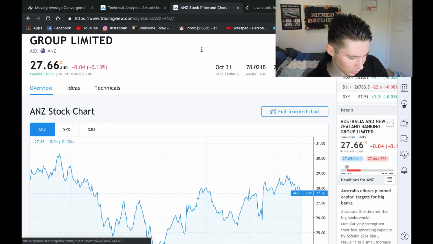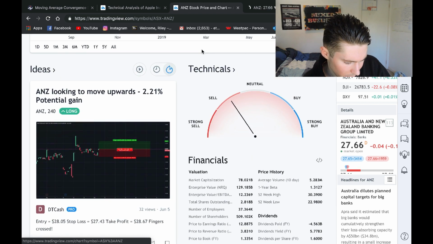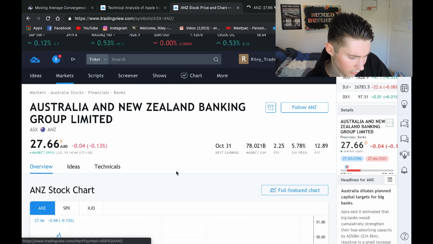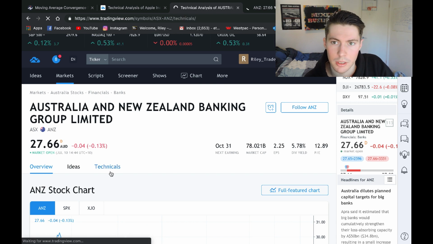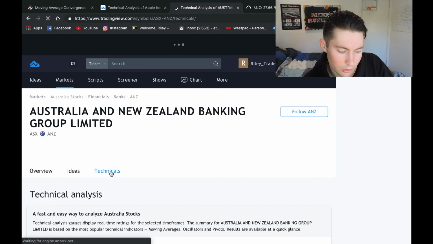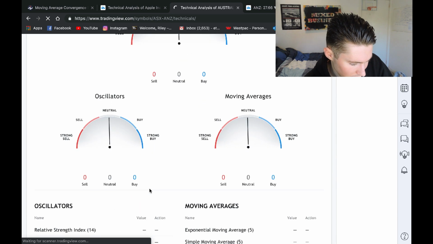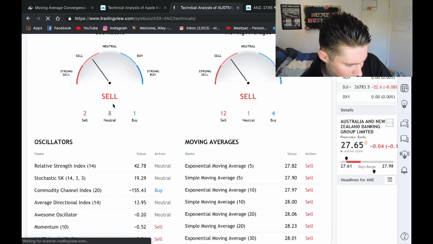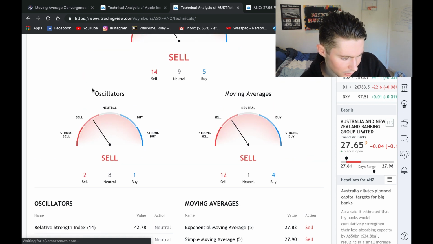If you did want to have a look at this sort of stuff, you get all the financials. You can click over here on technicals and get some insight into what's going on in the technical analysis of this. So you get the price, and there's indicators and stuff, and you can look down.